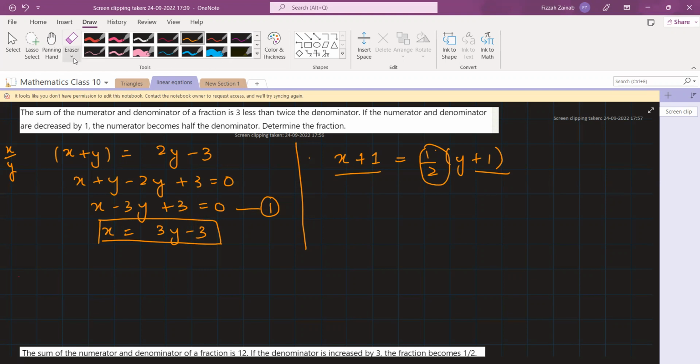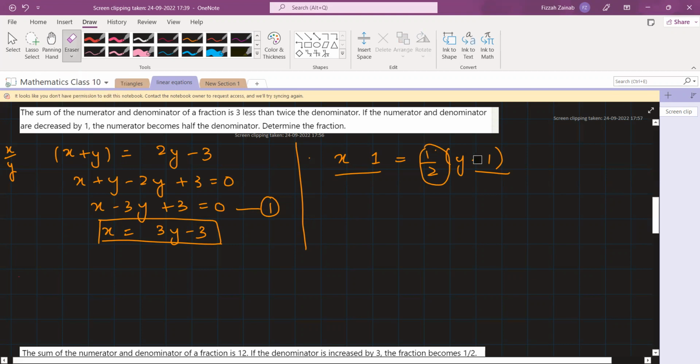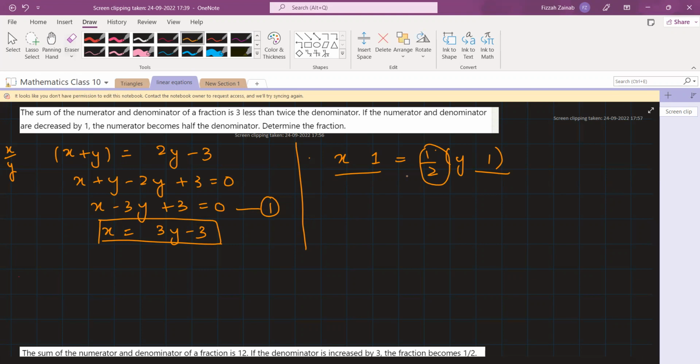It should be minus 1, both, right? Ma'am, but then it's half of the numerator, right? See, if the numerator and denominator are decreased by 1, so we have decreased them both, x minus 1, y minus 1, right? The numerator becomes half the denominator, half of y minus 1, right? Okay, ma'am, got it.